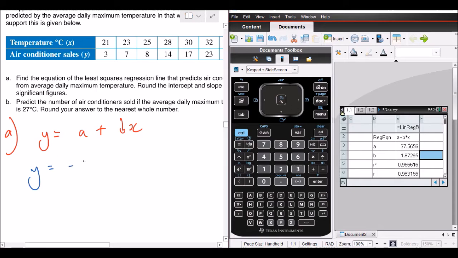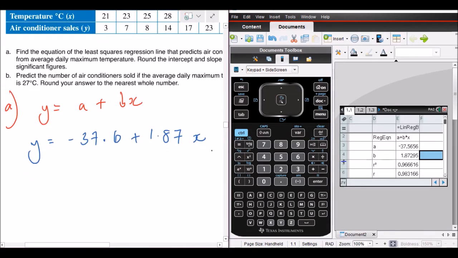So negative 37.6, because that 5 will become a 6. Plus the slope, represented by B right there, 1.87295. I want 3 important numbers, 1, 8, and 7, so 1.87. That 7 won't get affected because the 2 won't change it.